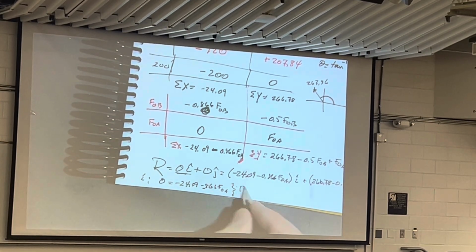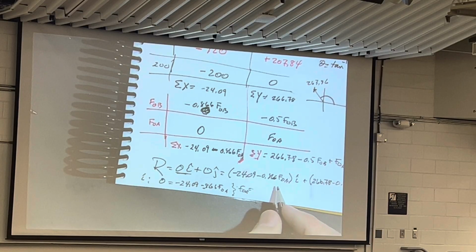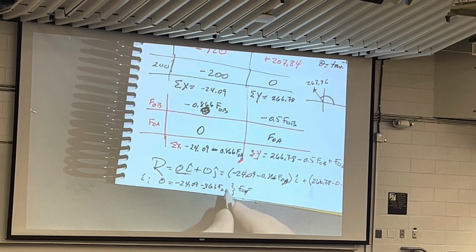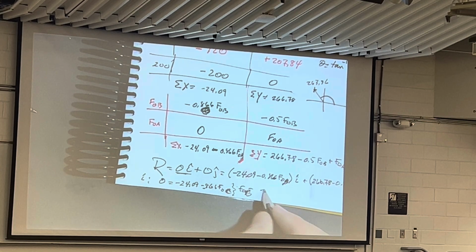This is going to tell me FOB is equal to minus 27.82.